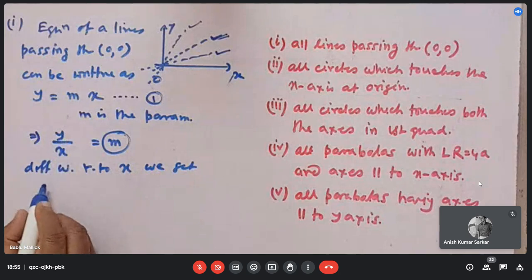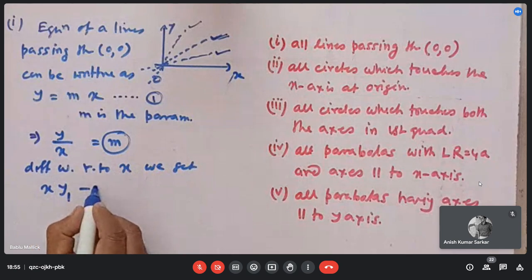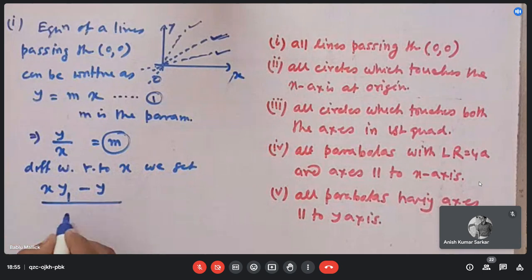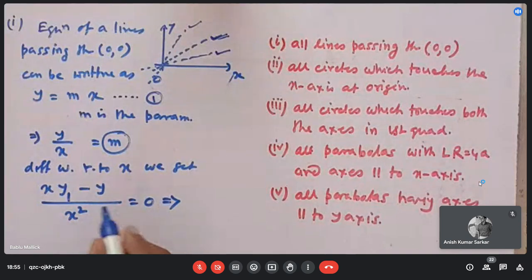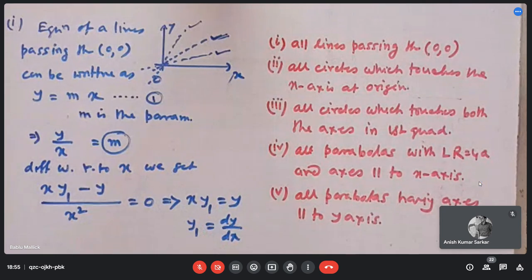This derivative is x into dy/dx minus y into the derivative of x, that means 1, divided by x square is equal to m. So cross multiply, that means x into y1 is equal to y, where y1 is equal to dy by dx. So this is the required differential equation.